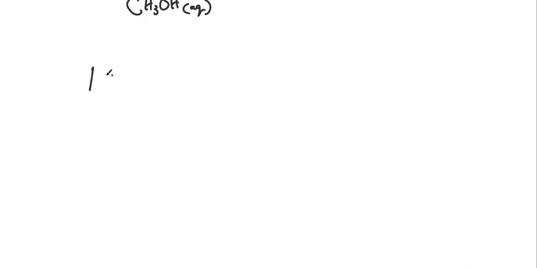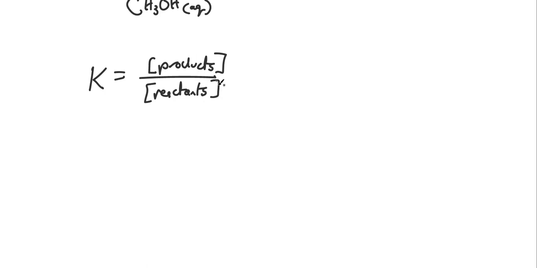So let's go back to our K equals concentration of products over concentration of reactants. If they give you, say, at a certain point in the reaction, the molarity of both, and Q is now less than the equilibrium constant, that means it has to get bigger.